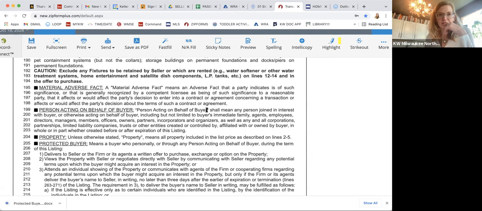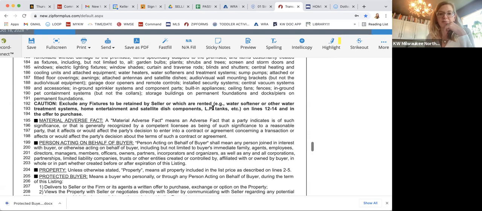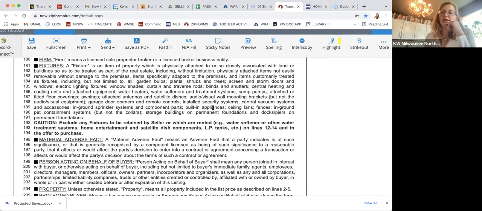And obviously, another big example, I should actually bring this up. We stress these points with you guys because these are always the things that become points of contention in the last days of a transaction. So we just had a recent one where there was a shed on the property. It was laying on top of, I'm sorry, on a cement slab.